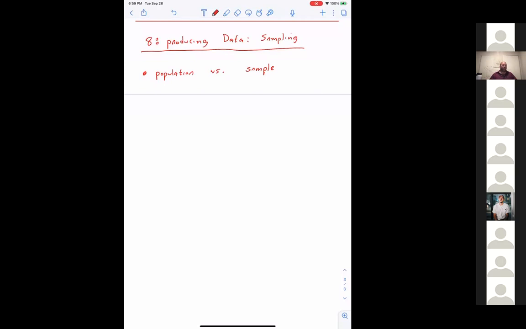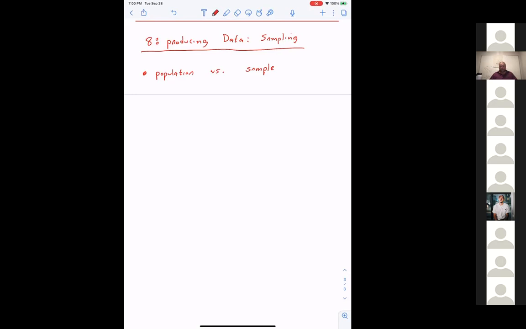If I'm interested in who's going to win the next election, I might have as my population all registered voters. Every situation will have a different population, which is the collection of every individual in the study.